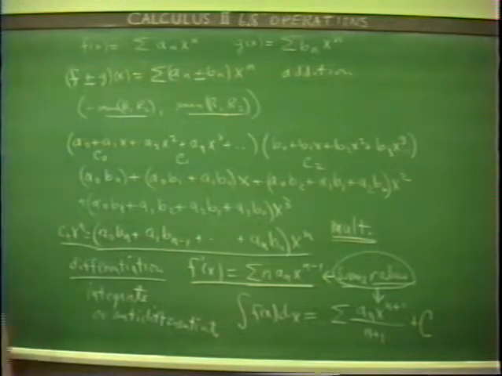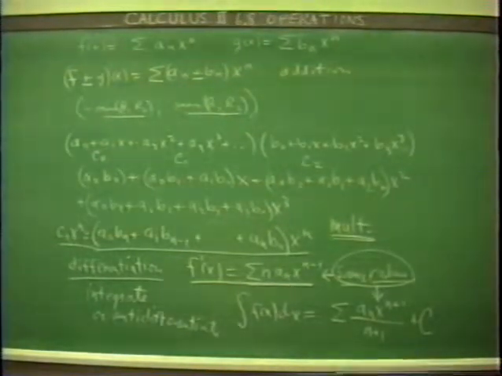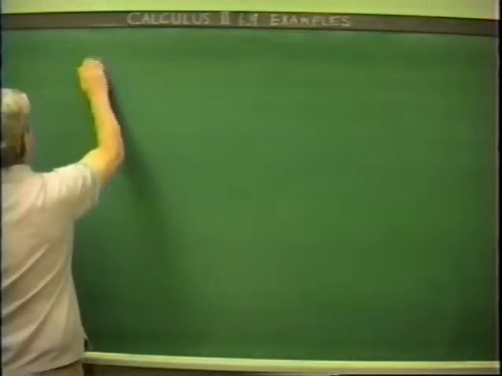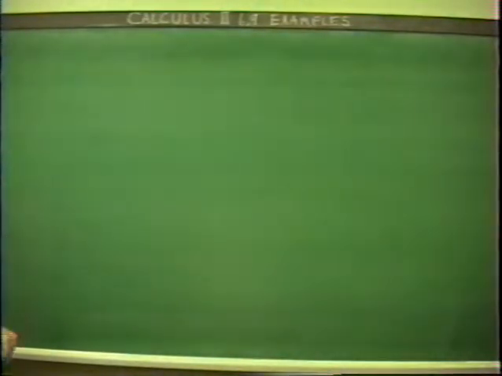We can use this fact to find out what some of the various power series are for various functions. So let's take a look at how you can get some new power series from old ones here using operations.